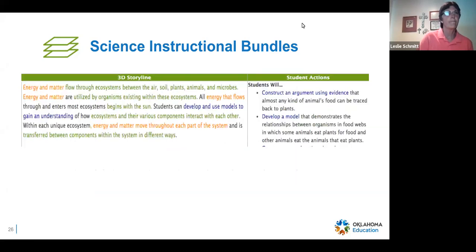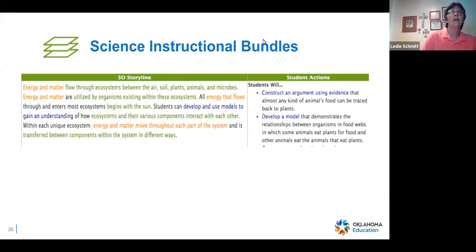The instructional bundles also split into storylines and student actions. Here you see some of the orange type. The orange type is our cross-cutting concepts. So energy and matter, understanding energy flows, energy and matter move throughout each part of the system. That's all linked together. That falls under cross-cutting concepts. The green is our disciplinary core ideas.